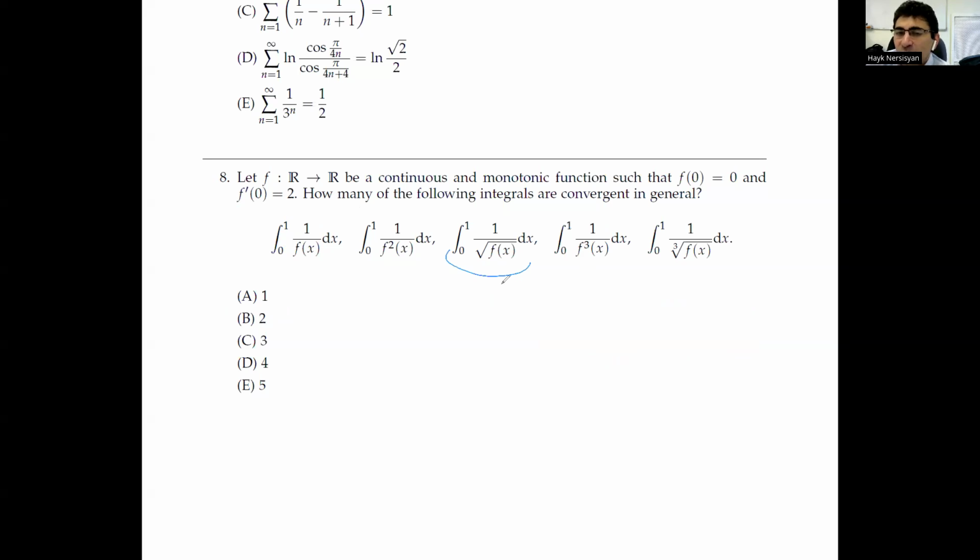If we try to apply the limit comparison test, can we choose g(x) as 1 divided by root of 2x, or just x, doesn't matter. This 2 is not important. Why can we choose this g for our limit comparison test?